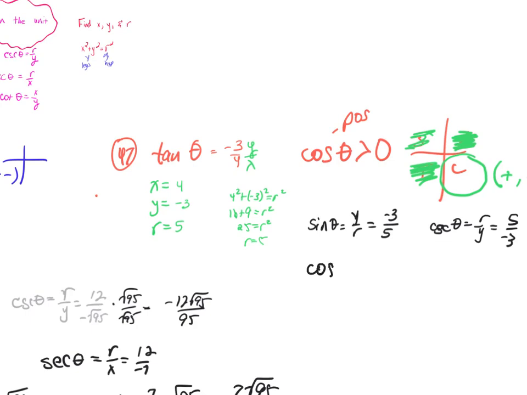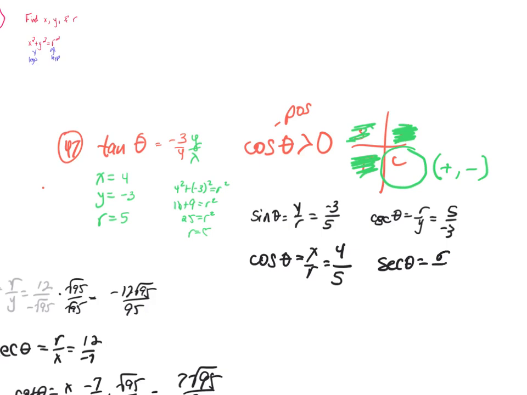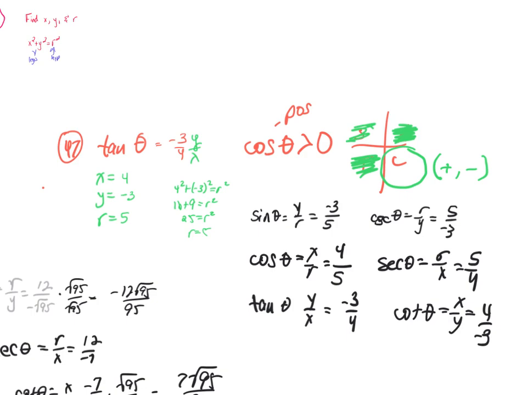So cosine theta is X over R. So I have 4 over 5. So secant theta is R over X. So it's 5 over 4. Then we have tangent theta is Y over X. So it's negative 3/4. And my cotangent of theta is X over Y. So it's 4 over negative 3.